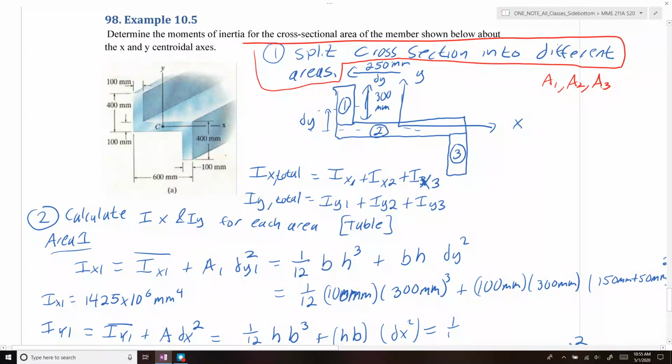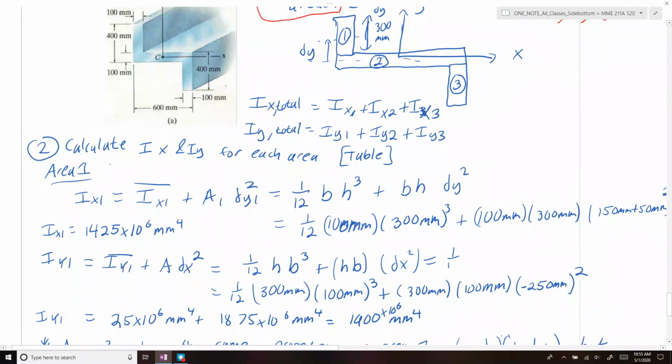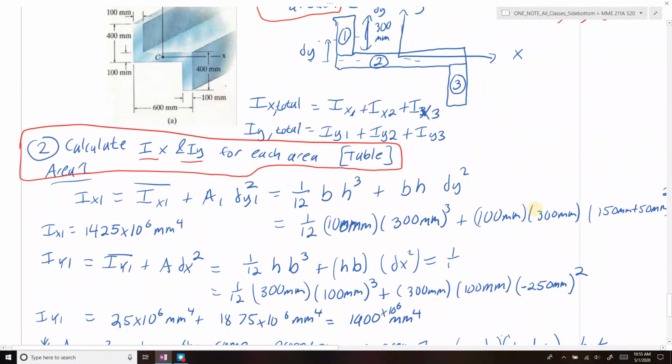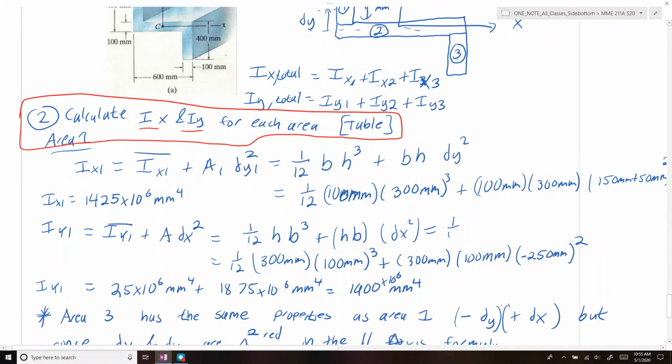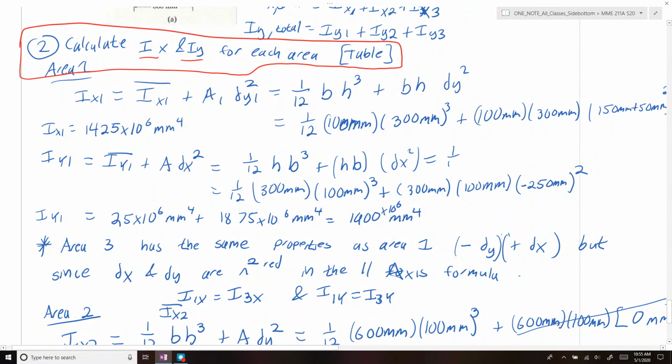We then used the parallel axis theorem to calculate Ix and Iy for each area. We took advantage of the fact that area 3 and area 1 had the same properties, so they had the same magnitudes of dy and dx. The areas were the same, and so that made it really simple to calculate.